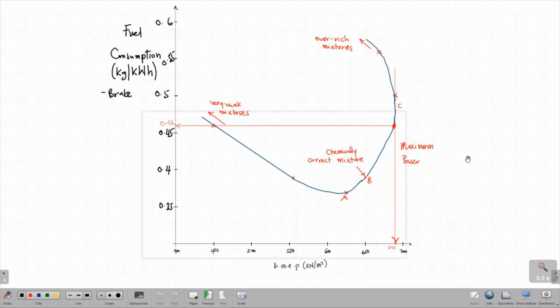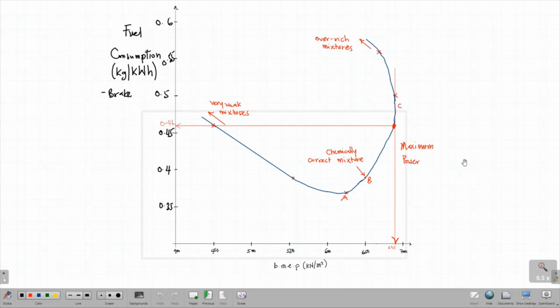Hence, it will be observed that for the conditions represented by the right of the graph, there are two values of fuel consumption for a given brake mean effective pressure. In that sense, the brake power as well. It is important to know at which part of the fuel consumption loop the brake mean effective pressure or brake power value is taken.